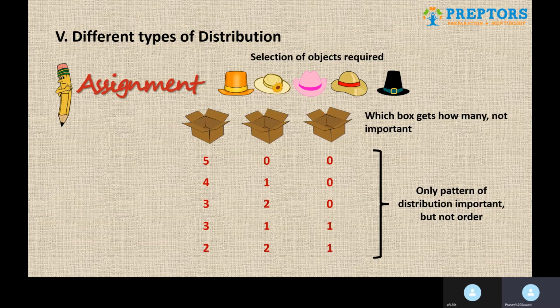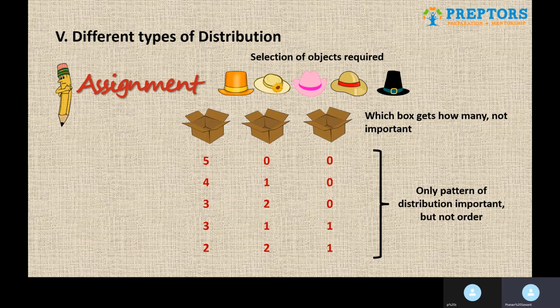So this means I'll put 5 hats in first box, 0 in second, 0 in the third. Now over here, as order is not important, we will not put 5 in the second box, first 0, third 0. This will not be the thing over here because order is not important.